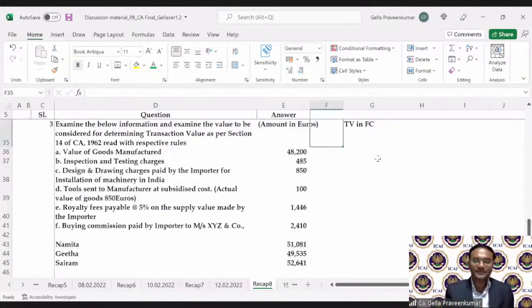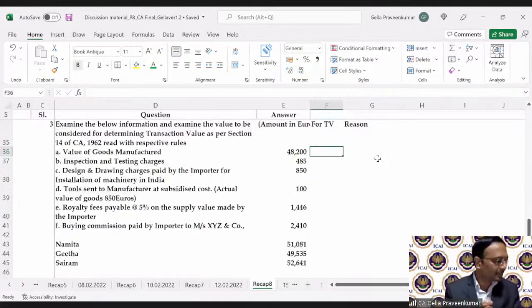I'll put here, for transaction value, I'll mention the reason. Now, before we solve this problem, everyone, please come to page number 4.21. Cost and services, where Rule 10 says, in the process of your Section 14, read with Rule 3 till Rule 10, all the provisions and rules by and large refer.